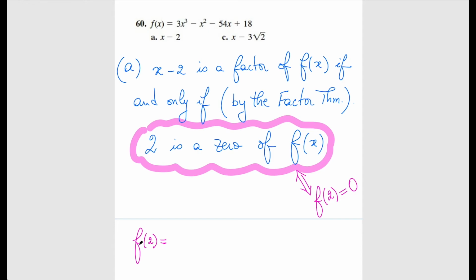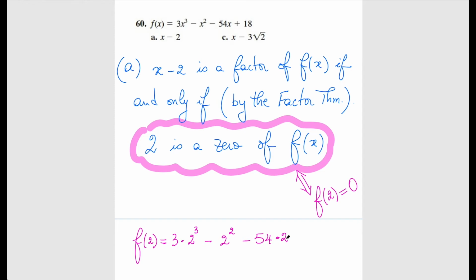What's f of 2? Well, instead of x, I'm going to have 2 here. So 3 times 2 cubed. This is times 2 cubed, sorry. So 2 cubed minus 2 squared minus 54 times 2. What am I doing again? I'm evaluating f at 2. So I'm replacing x by 2.